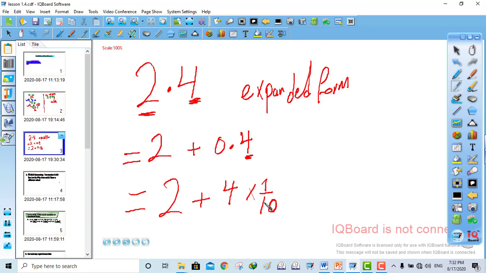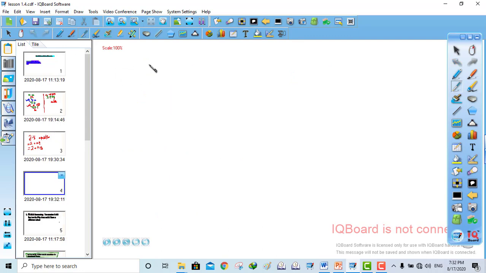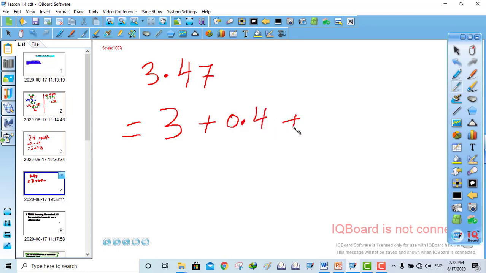What if it was in the hundredths place? It will be 1 out of 100. If it was in the thousandths place, it will be 1 out of 1,000, and so on. Another one like this one, 3 decimal point 47. It's equal to 3 in the ones place, so it's 3, plus this 4 is 0.4, plus the 7 in the hundredths place, so it's 0.07.